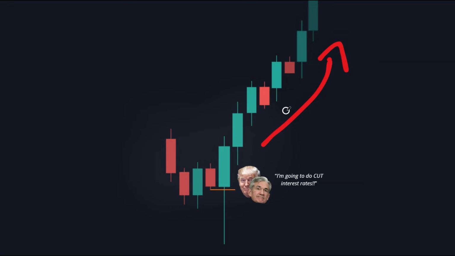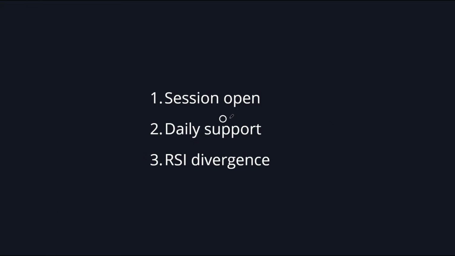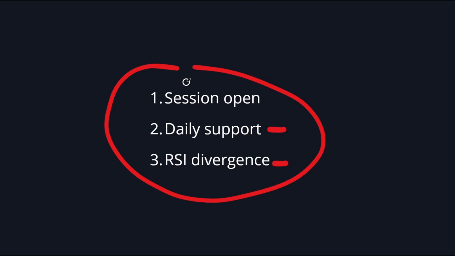Okay, pay attention here. Because if the catalyst, if the fundamental reason isn't there, well, most of the time it's actually noise. And let me be very clear about what I mean by fundamental catalyst. I don't mean a London session open, daily support, RSI divergence. These are all technicals, okay?